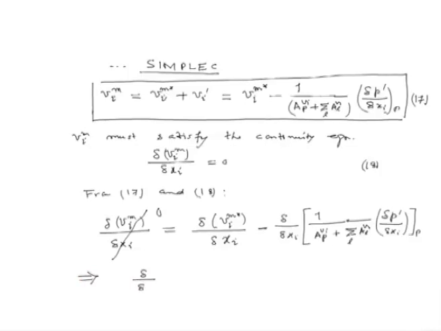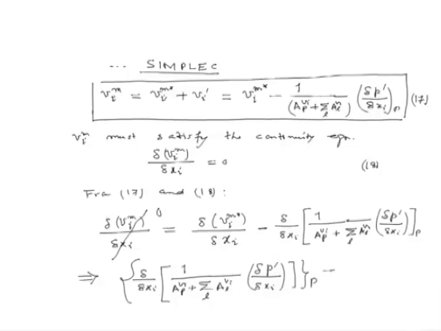delta over delta xi of 1 over APVI plus sigma L ALVI delta P prime over delta xi at point P. This would be equal to delta over delta xi of Vi m star.